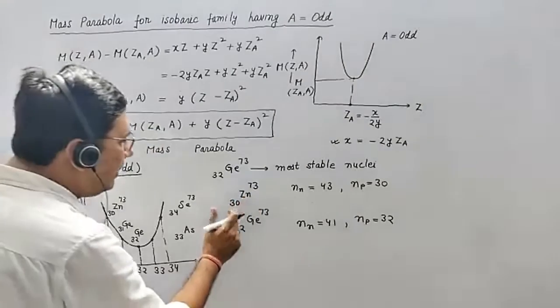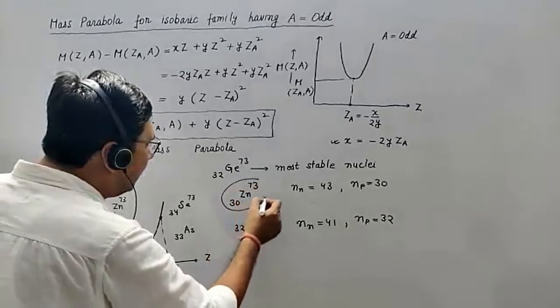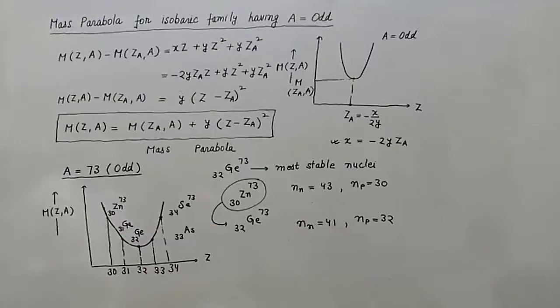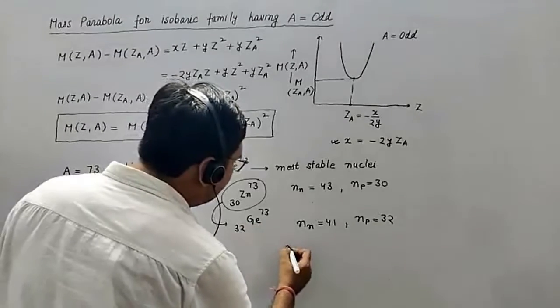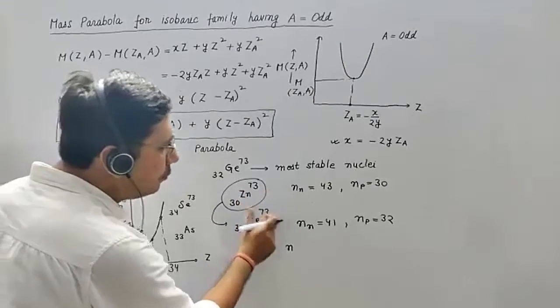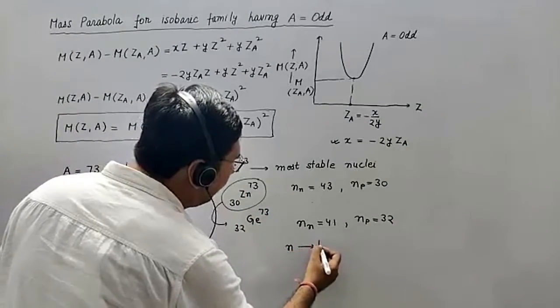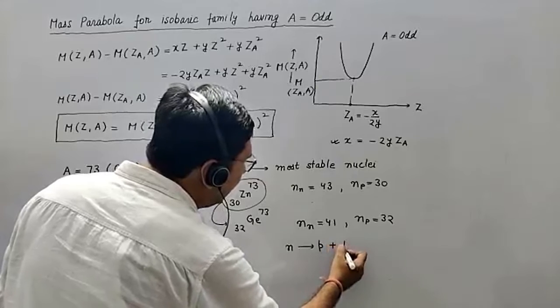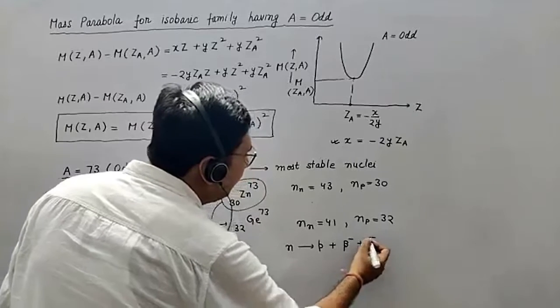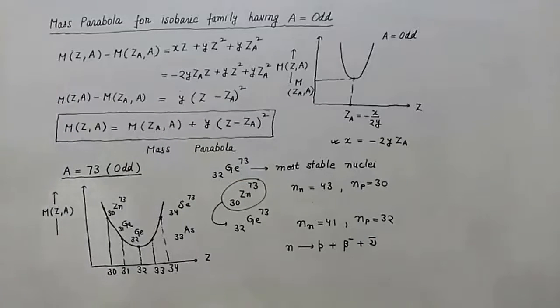So basically, to convert itself into this stable configuration, it has to convert one of its neutrons into a proton. So what is the process by which it can reduce its number of neutrons? A neutron can convert into a proton, and a beta minus particle will be emitted, along with an anti-neutrino particle.